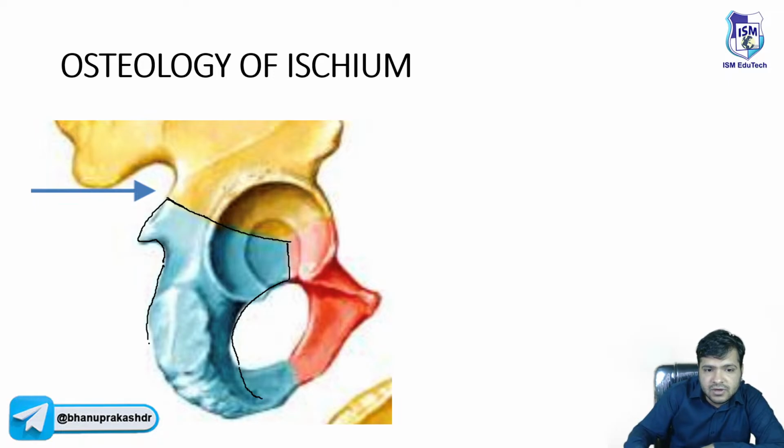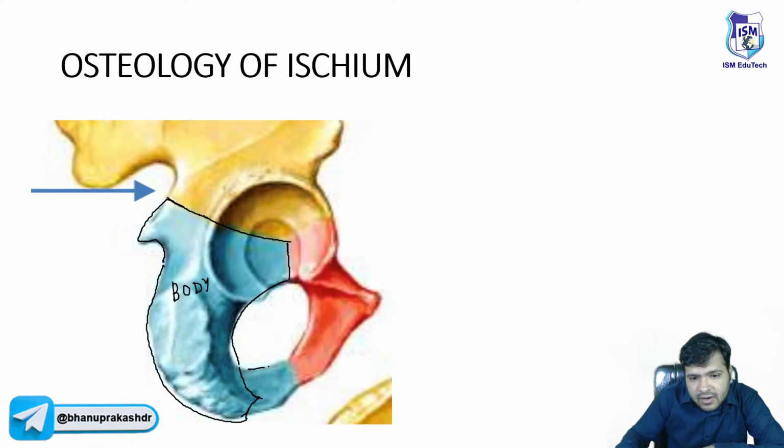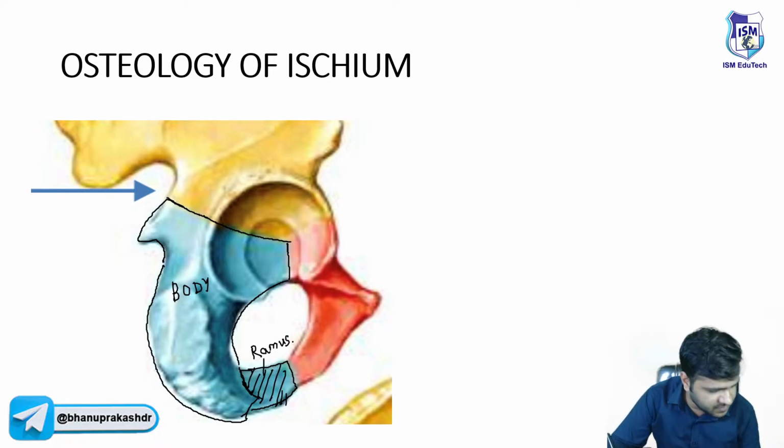You can see it over here. This whole part is the body. And this part which I am shading right now is called the ramus of the ischium.